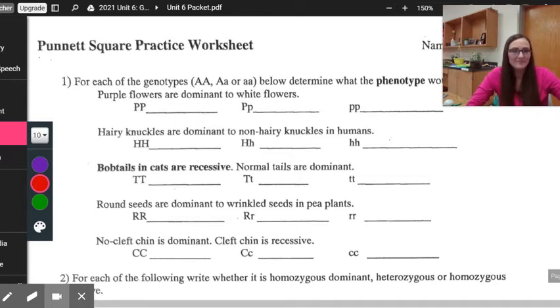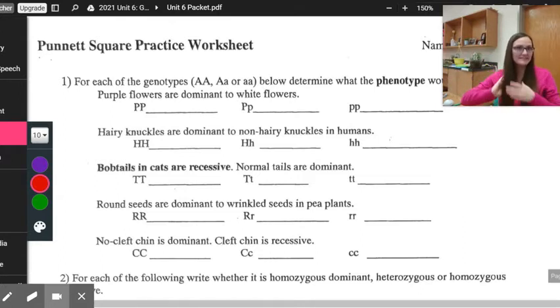So far, so good. All right, next up, below, determine what the phenotype would be. Phenotype? What are you even talking about, Ingle? All right, this one's really easy. Phenotype is basically just the physical or visual appearance of what the genes said to build, right?